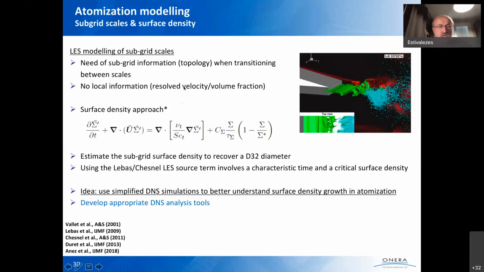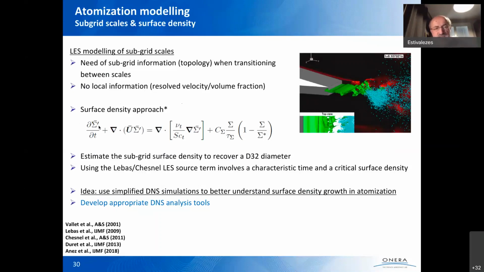The idea is to use what is called the surface density approach, which is an approach which has been developed by Roland Borghi and his team years ago in the framework of simulation of launchers in the 90s. And in fact, this quantity represents the density of surface of the liquid-gas interface. Okay.